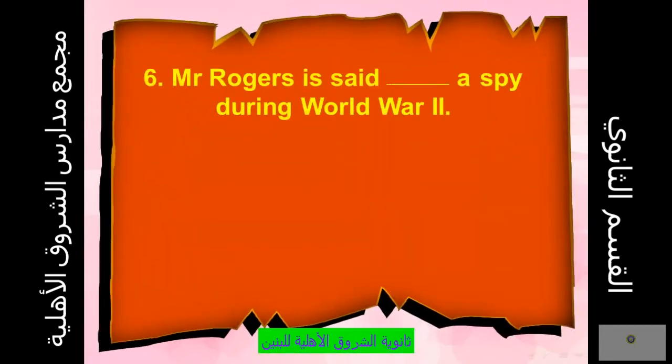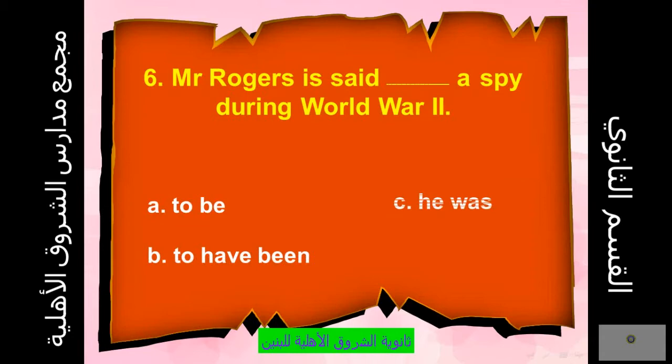Question number 6. Mr. Rogers is said space a spy during World War II. To be, to have been, he was, he has been. The right answer is to have been a spy during World War II. It's also kind of transforming the sentence into passive voice by using the verb to have plus been.